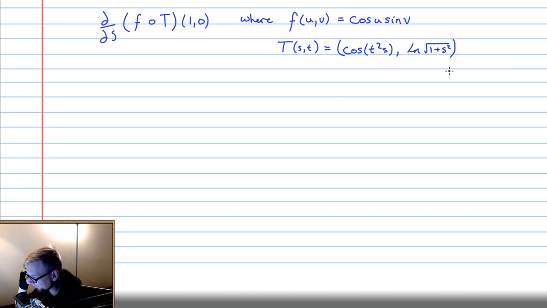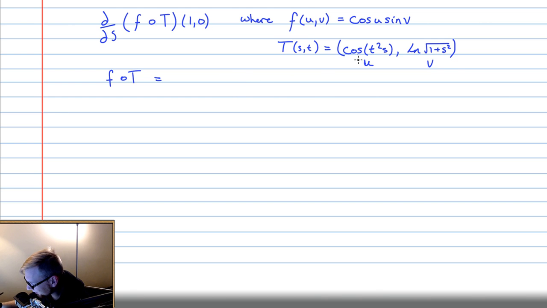Okay. First, we need f∘t. So f∘t, that equals what? We're going to plug in t for inside f. So cos u sine v. Well, this is our u value and our v value.